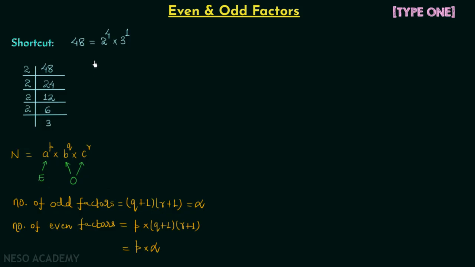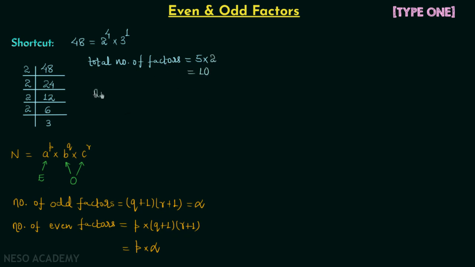If we need to find the total number of factors of the composite number 48, it will be equal to 4 plus 1 multiplied by 1 plus 1. 4 plus 1 is equal to 5, 1 plus 1 is 2, so 10 is the number of total factors.